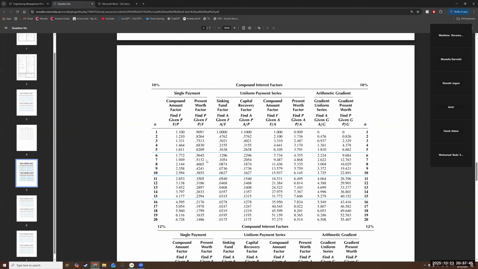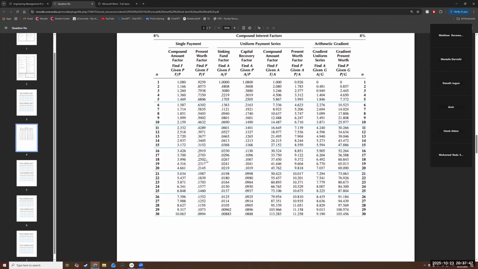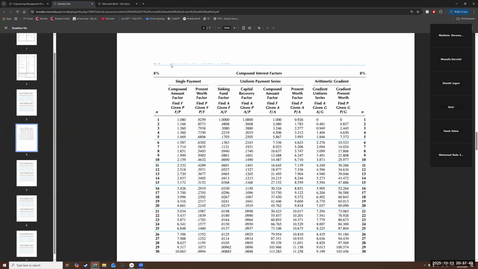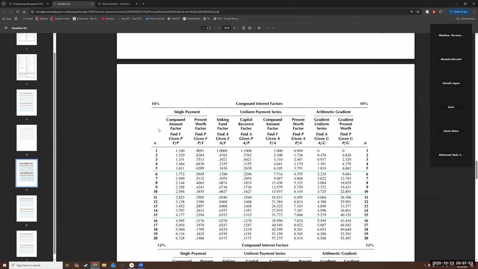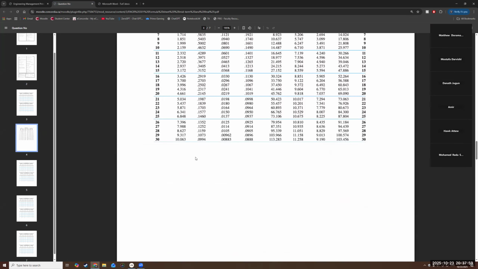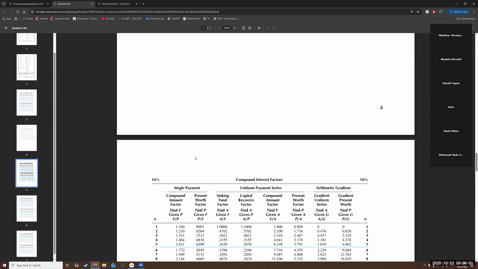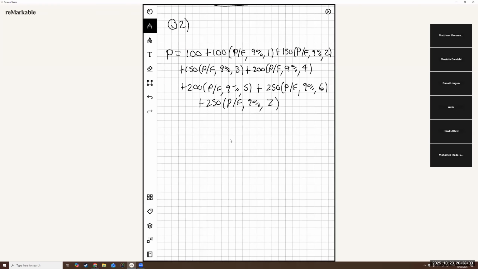So here's the other thing I was talking about. Our interest rate is 9%. We have interest rates for 8% and we have interest rate for 10%. So the interpolation is easy, right? Because 9% is exactly halfway between these two interest rates. So here's what I'll do.